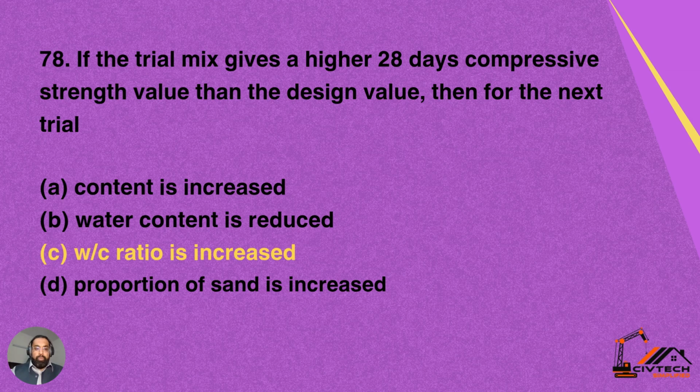So if trial mix gives a higher 28 days compressive strength value than the design value, then for the next trial we should increase the water cement ratio. So option C is the correct answer for this question.